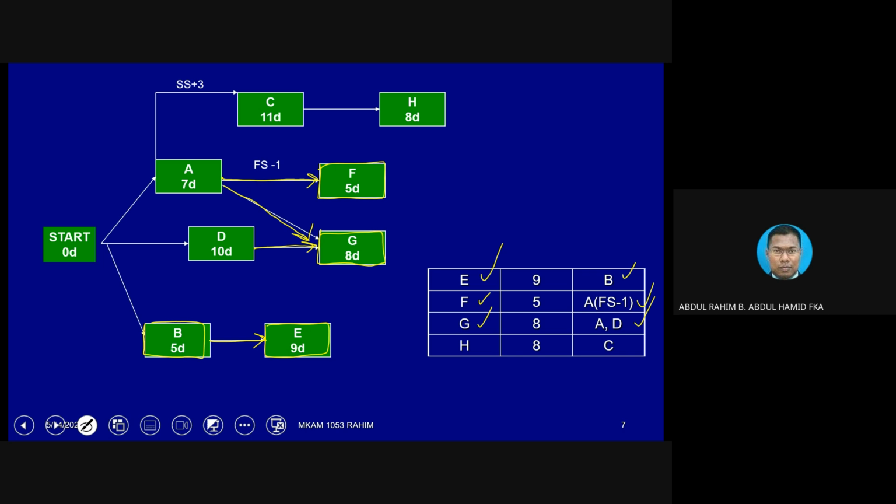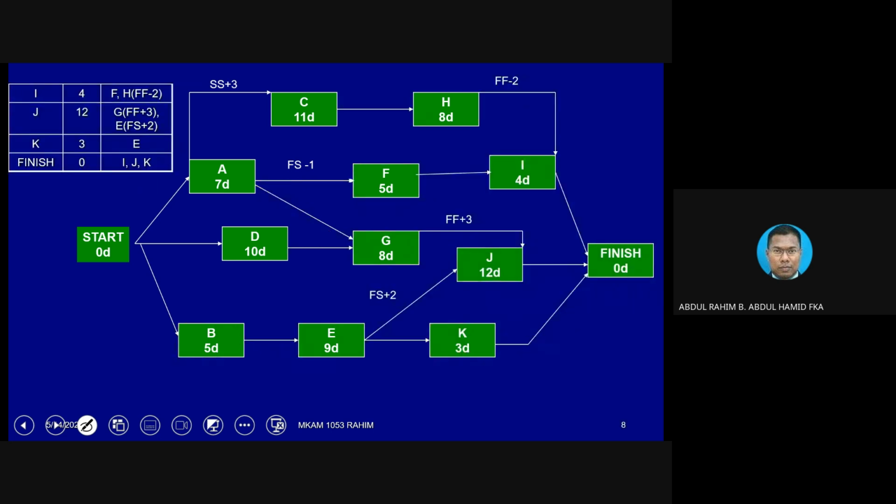So C is here already, then just draw one H and then connect with the arrow, okay? So now we already completed the majority of the activities. The rest, I, here.